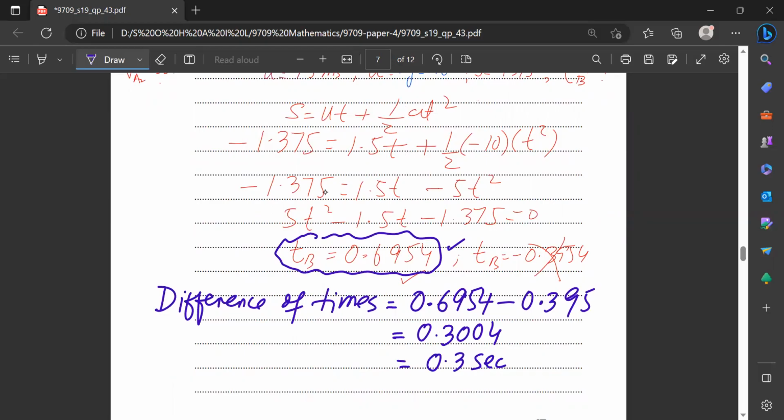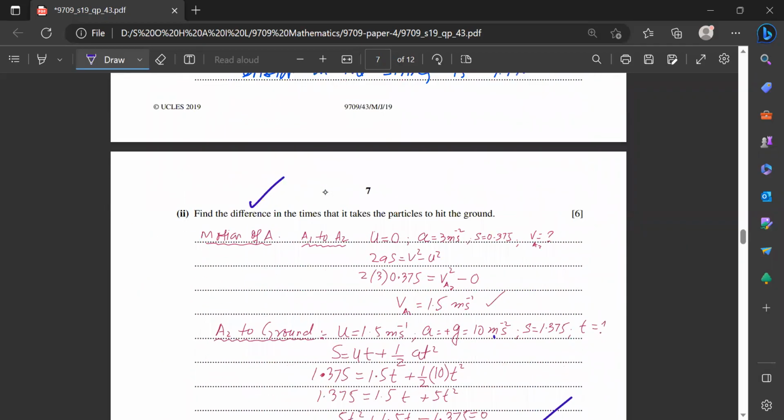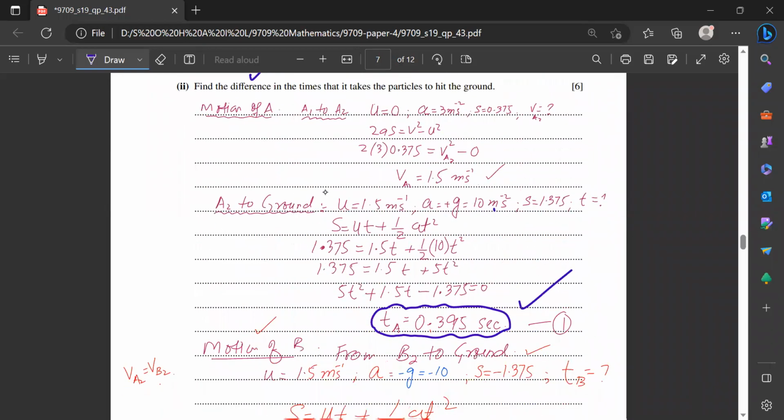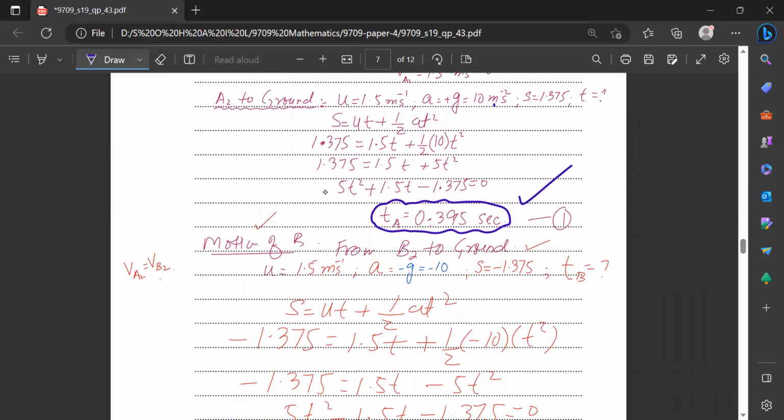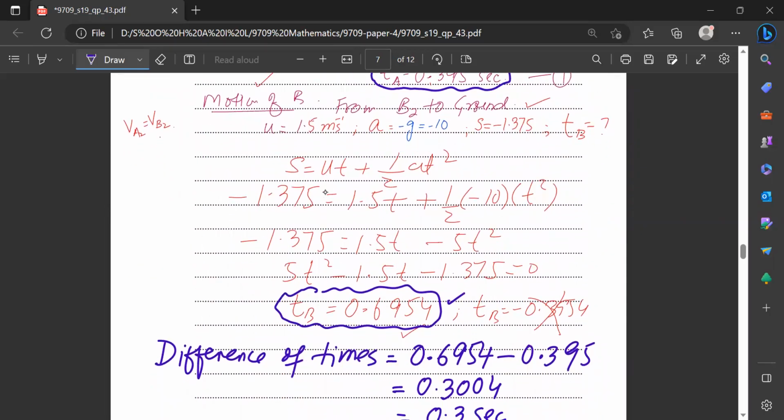This is the difference in the times that it takes the particles to hit the ground. So we have the answer to this question. We needed to calculate the time taken by particle A to reach the ground after the string breaks, and the time taken by particle B to reach the ground after the string breaks, and the difference of these two times was required. So that is the answer. Thank you.